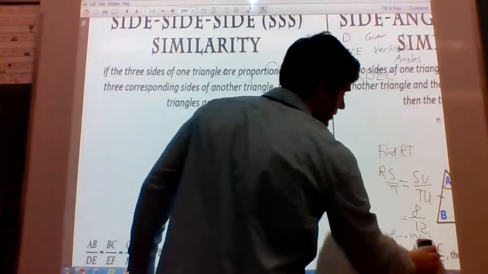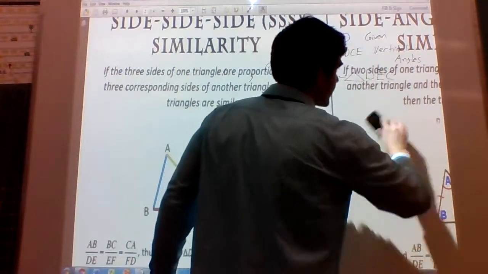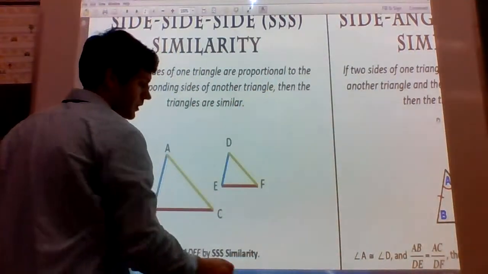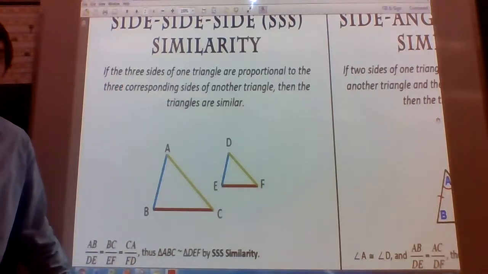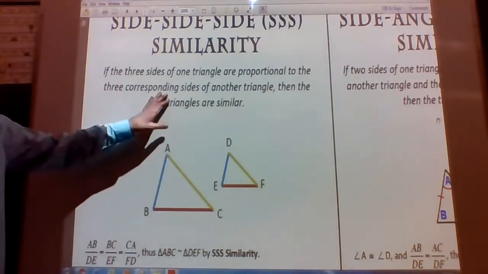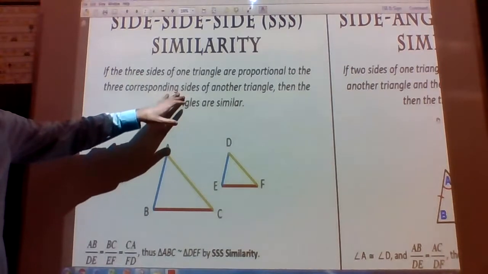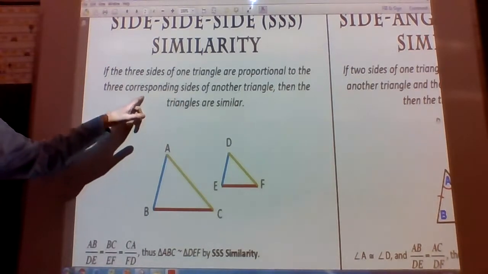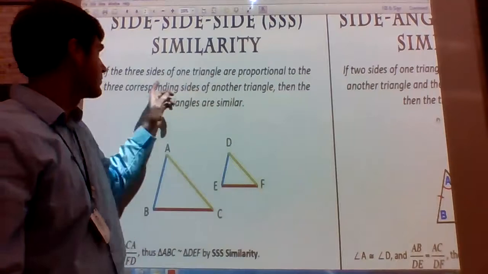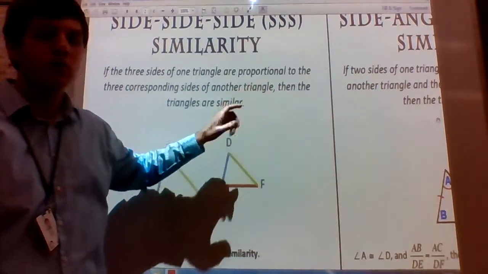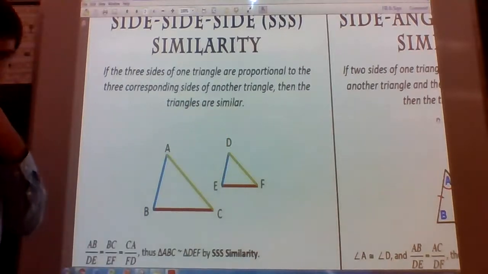Our side theorem for triangle congruence said that if you have three pairs of corresponding sides that are congruent, then the triangles are congruent. For this, we're saying if we have three pairs of corresponding sides that are proportional, then the triangles are similar.